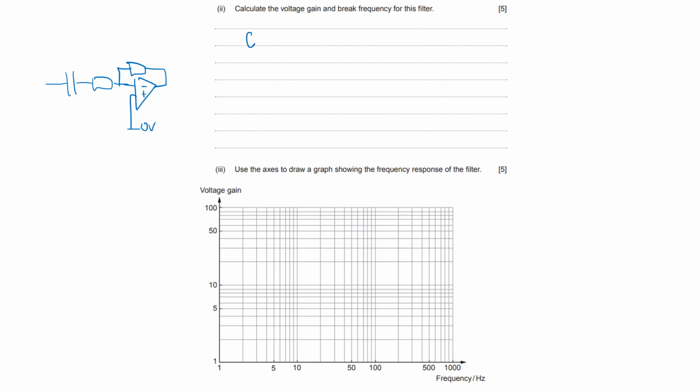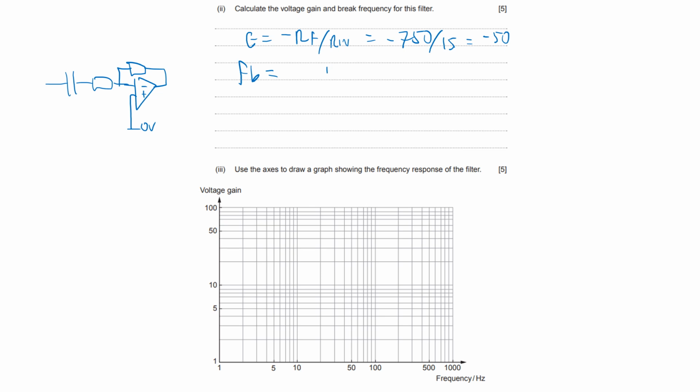Right, voltage gain from the previous page. Gain is minus RF over RN. It was 750 over 15, which equals minus 50 because it's a negative there. And then the breakpoint is with the resistor in question, so it's the input resistor.